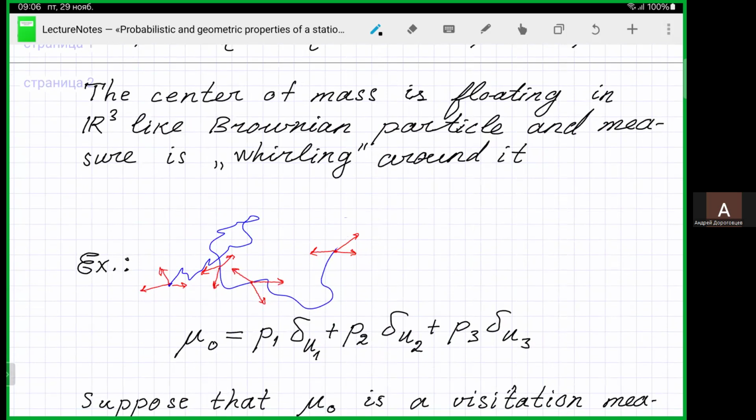I just marked in red the direction to these points from the center of mass. You see that the center of mass is floating around R3, and we just have some rotation around the center.